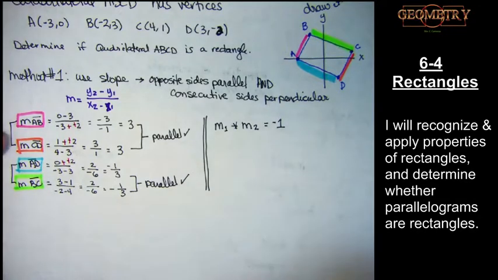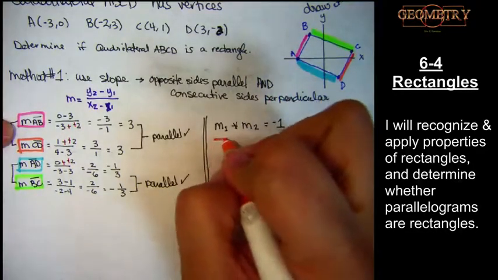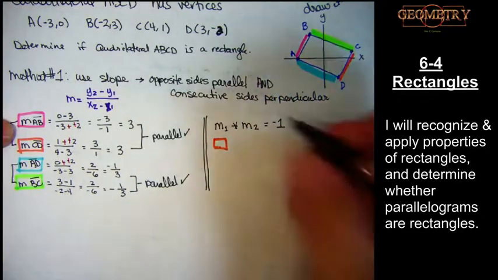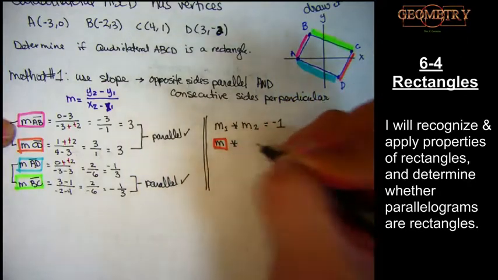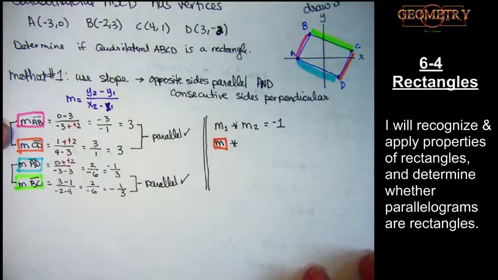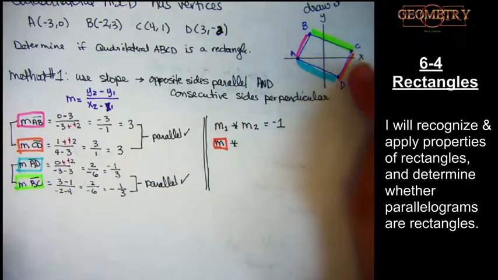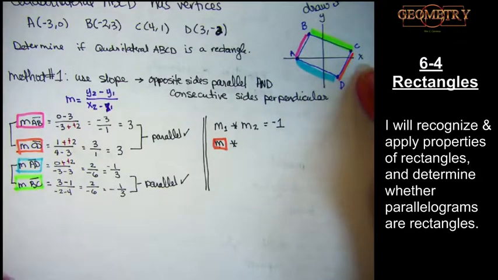So pick one of these two sides, the pink or the orange. Which one do you want me to use? The orange. Okay. So we're going to multiply the orange slope times one of the ones touching the orange. Up here in my diagram, there's my orange line.